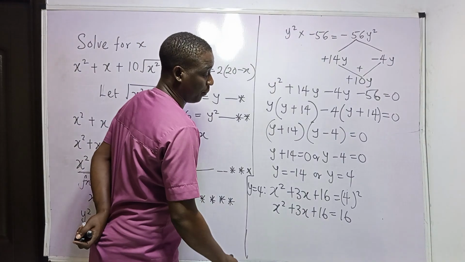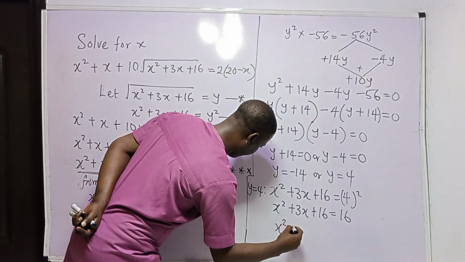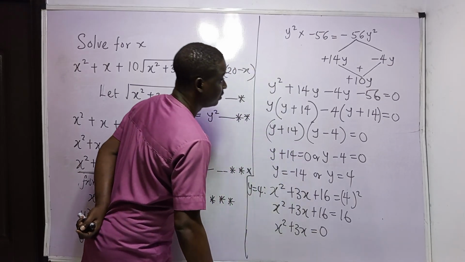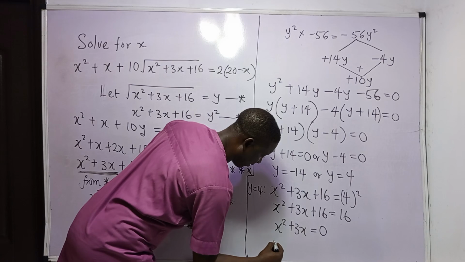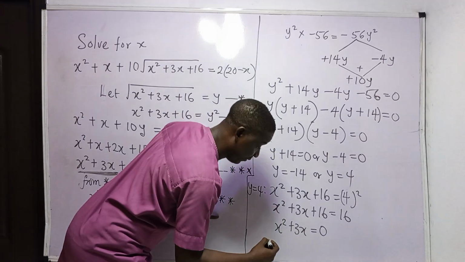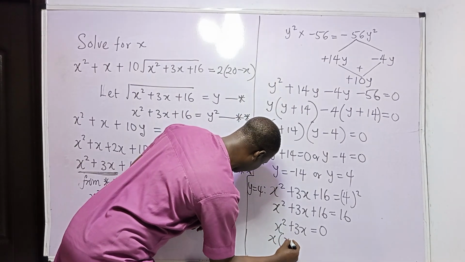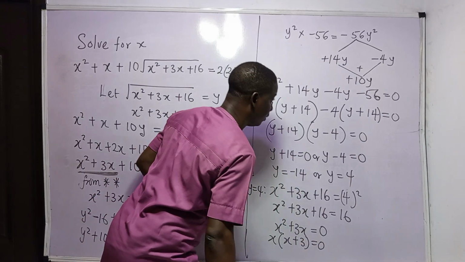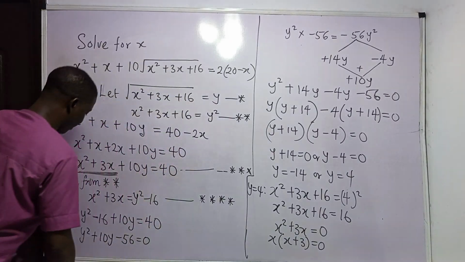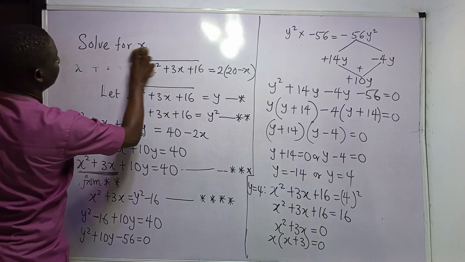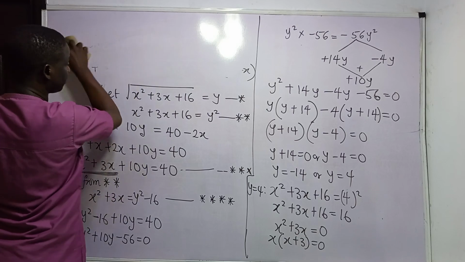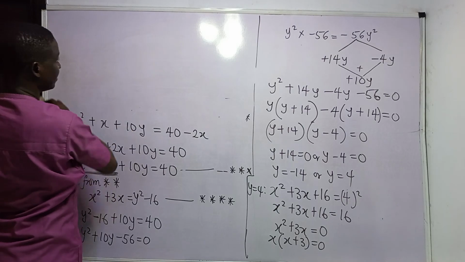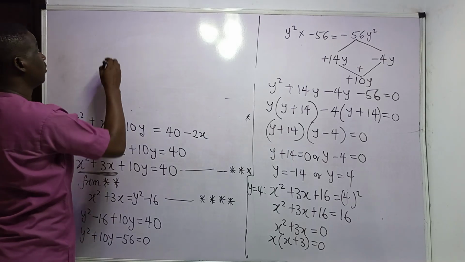If you subtract 16 on both sides, what do you have? X squared plus 3x equal to 0. Therefore, what I would have now, the final answer would be what?